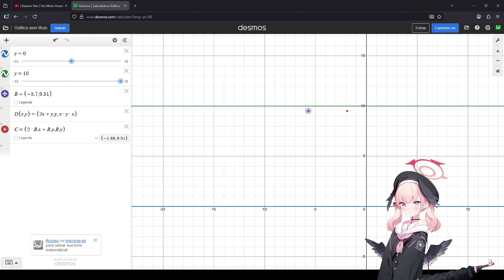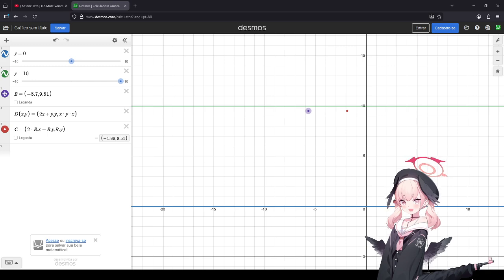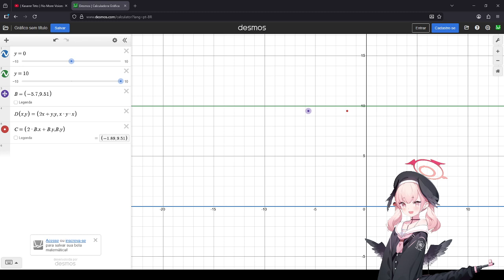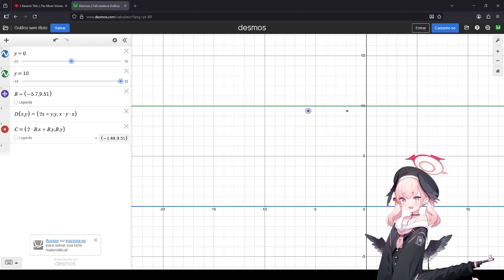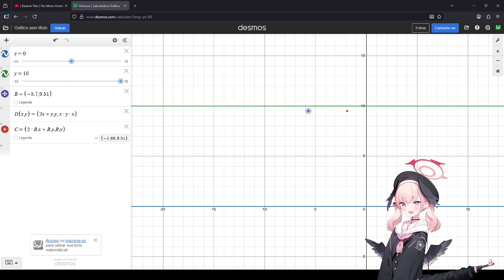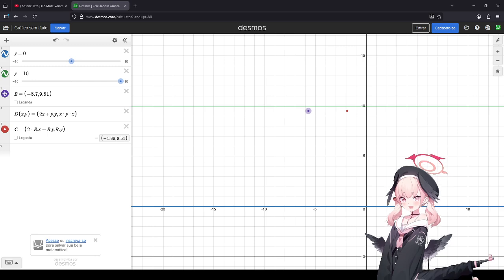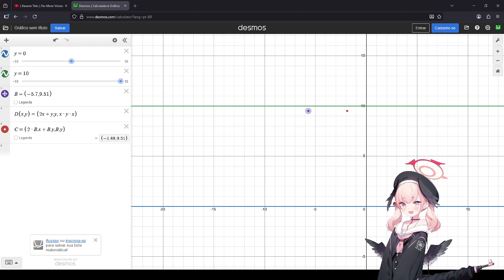So we first take 2x plus y and take the derivative of it with regard to x. Then we do it with regard to y. Follow to the next equation, and we do the derivative of y with regard to x and y with regard to y. And then the same for x times y times x.